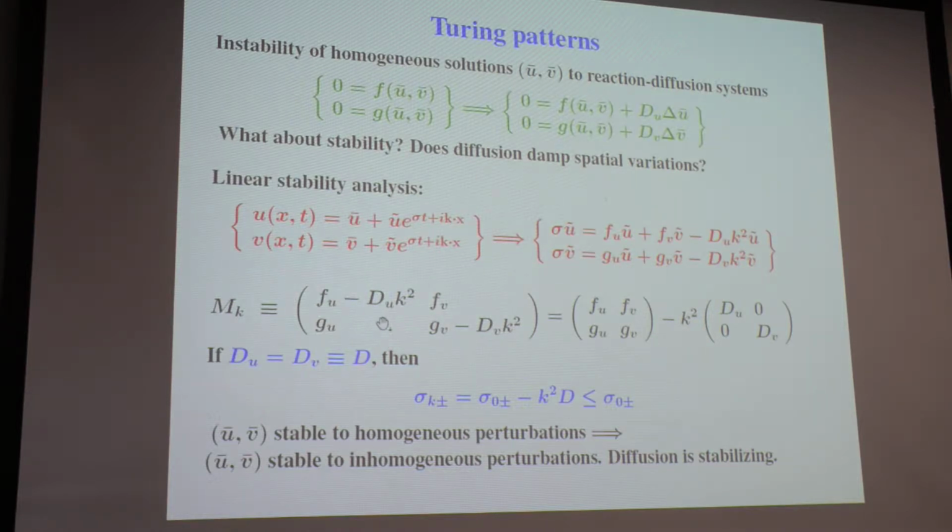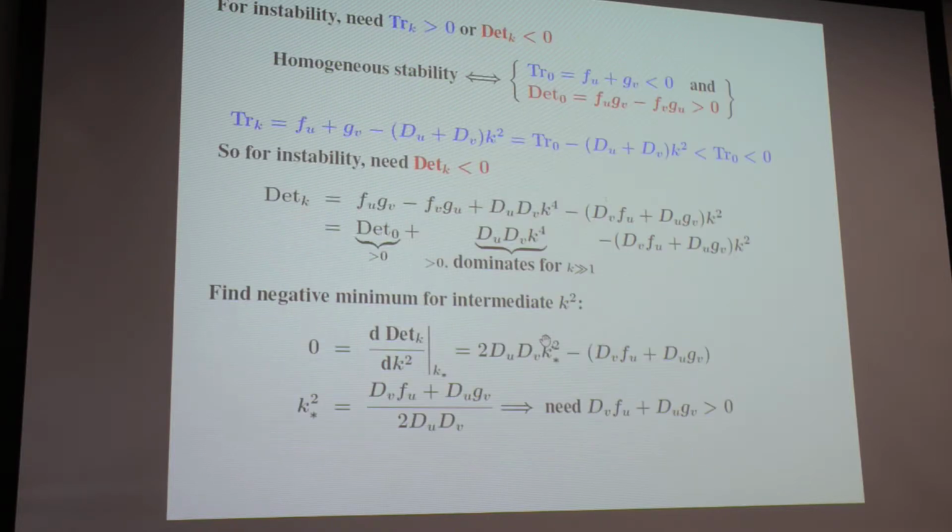But we also have minus du k squared gv minus dv k squared fu. And then we have plus du dv k to the fourth. Right? Okay. So we have all that. So we have the original determinant, which is necessarily positive since the original guy was stable. Then we have the k to the fourth term that we got from the product, and then we have the k squared term. This one's positive, and this one's positive.